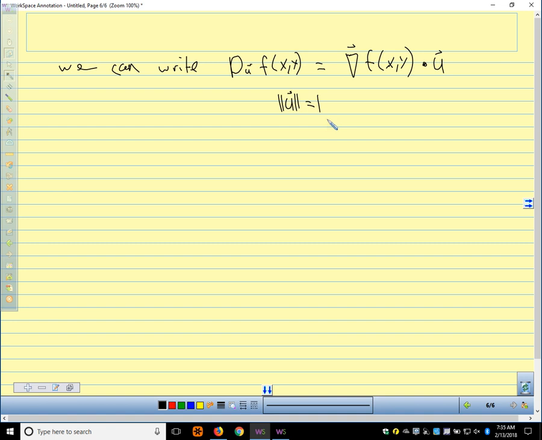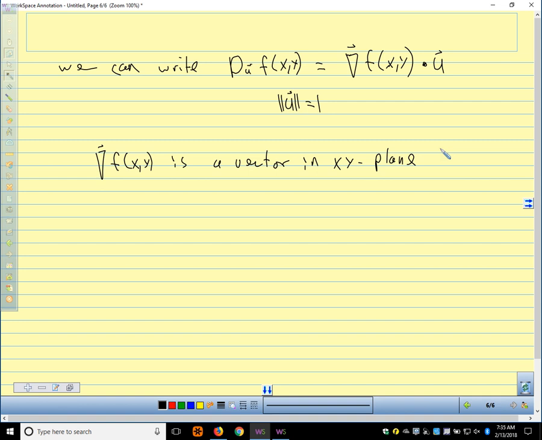All right. One quick note. The gradient, del f, gives us a vector in the xy plane. It's not a vector in space.